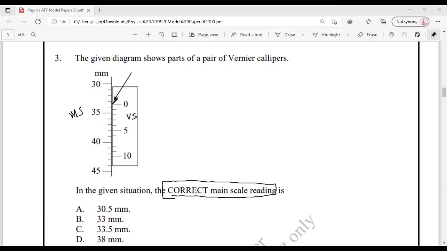This line 0 has crossed 31, 32, 33, and 34. So this line is ahead of 33 and behind 34. So our correct main scale reading would be 33, and this scale is in millimeter. So the main scale reading of this Vernier caliper is 33. So the correct answer is option B.